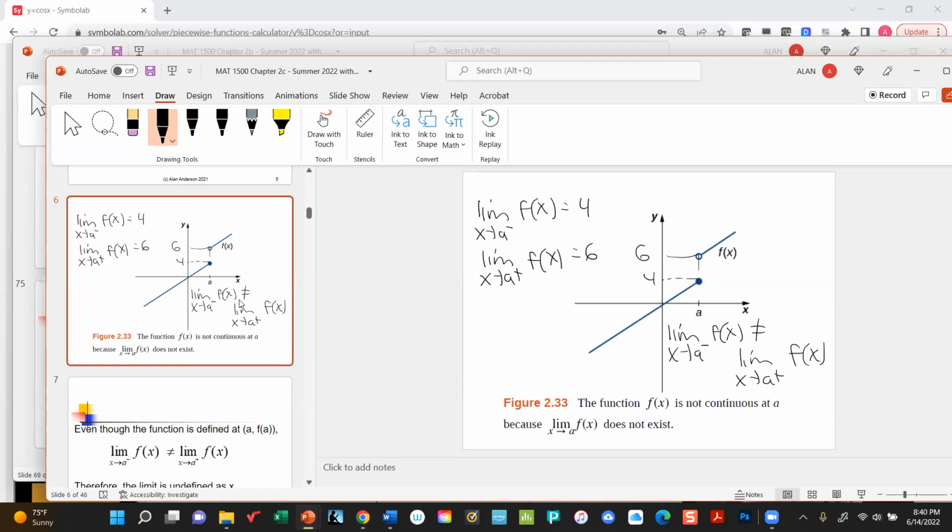So in other words, here the reason why it's said to be discontinuous is because the limit at that point does not exist. Even though f of a is defined, that was the problem in the previous case. f of a was not defined. Here it is, but we still have a discontinuity because the limits are different coming from the left and the right.